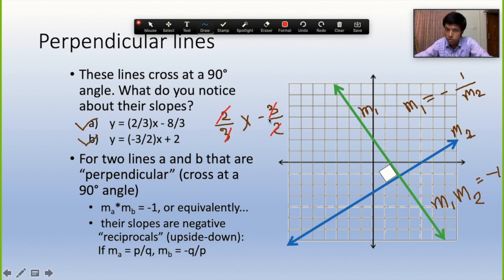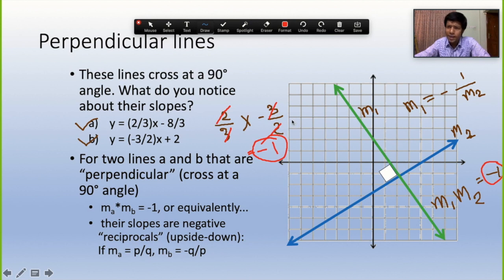These 3 and these 3 also cancel out. Only -1 is remaining. So you can see our -1 came. That means these two lines are perpendicular to each other. So if we multiply the slopes of two given straight lines and the answer is -1, then we say these two lines are perpendicular to each other.